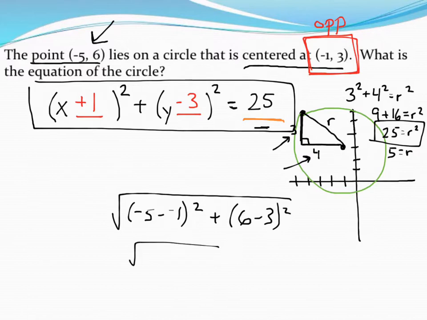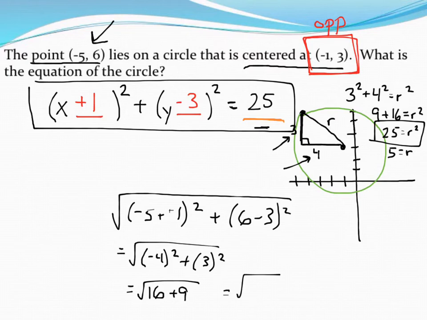So I end up with the square root of a -4 squared plus 3 squared. Do these numbers look familiar to you? Squaring -4 in parentheses means I'm going to get a positive 16 and then plus 9. Look, there are the numbers we saw before. I'll throw some equal signs in there, which equals the square root of 25.